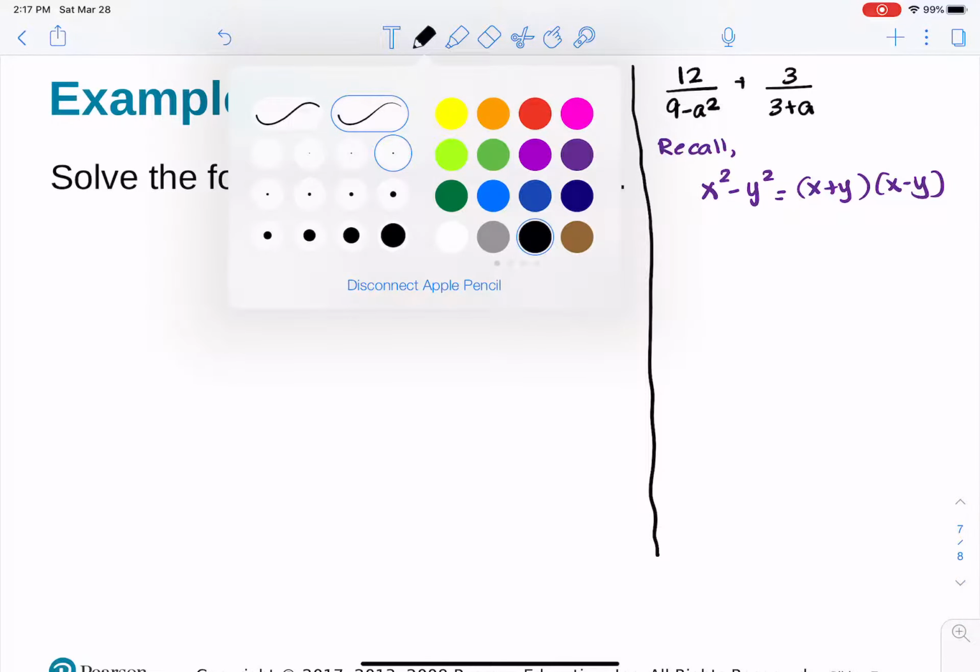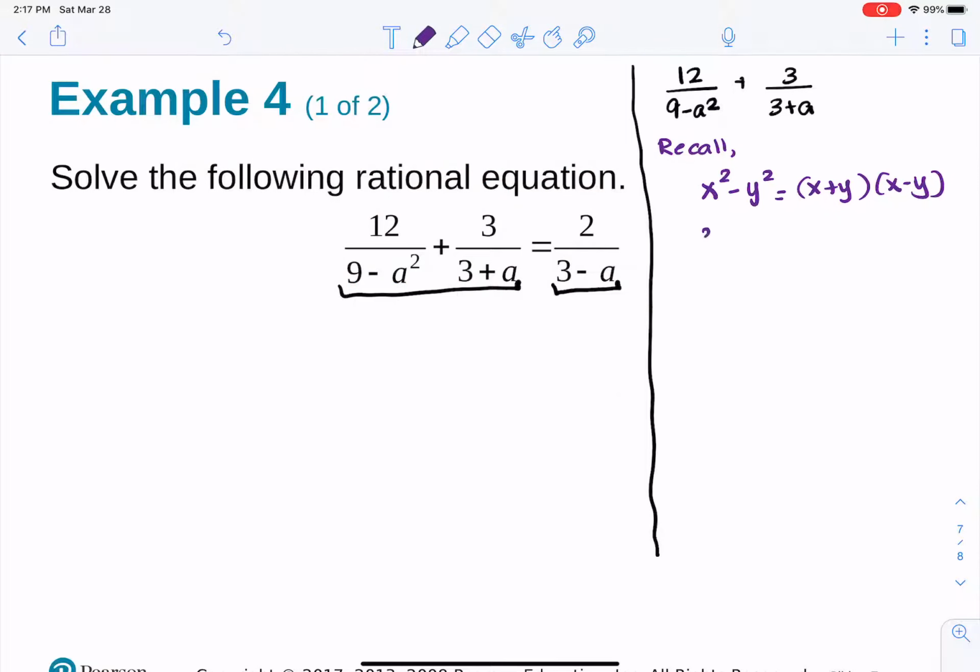I could rewrite it as 3 squared minus a squared, because 3 squared is 9. So x becomes 3 and y becomes a. So I would have 3 plus a times 3 minus a. So the first denominator, 9 minus a squared, I could write it as 3 plus a times 3 minus a.